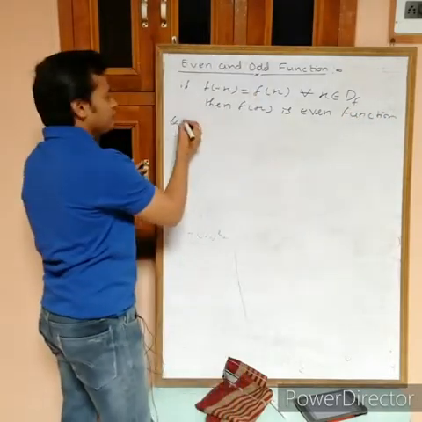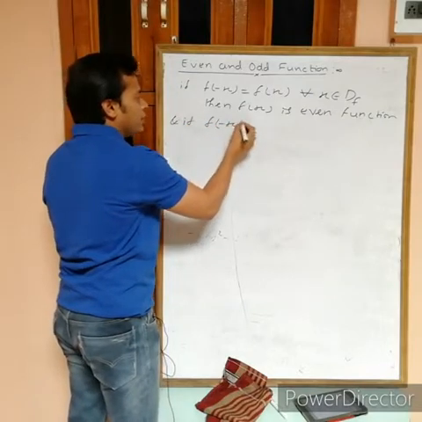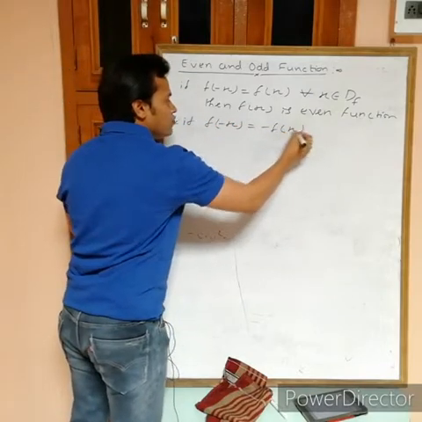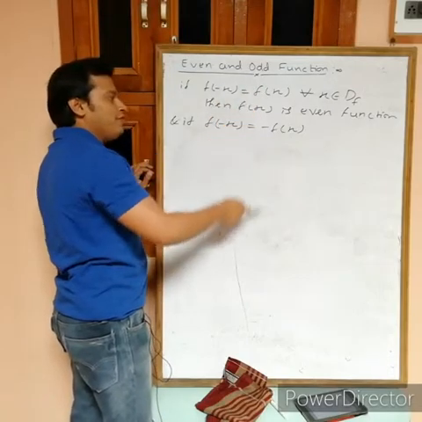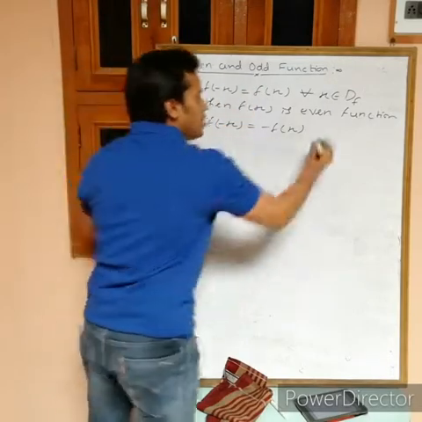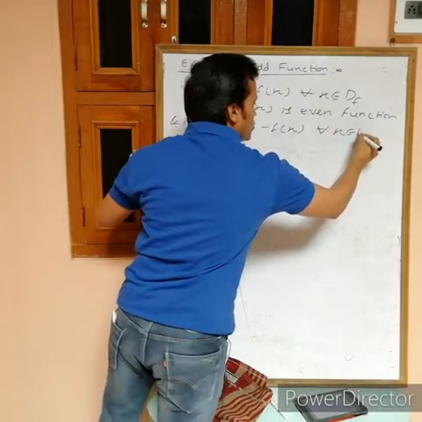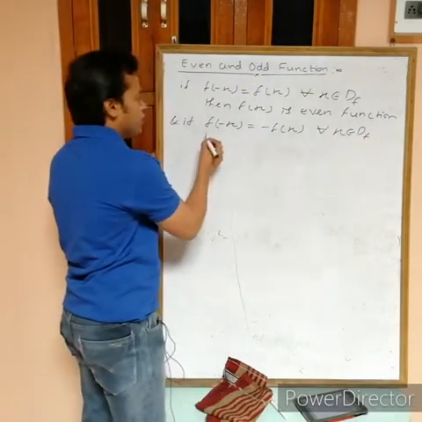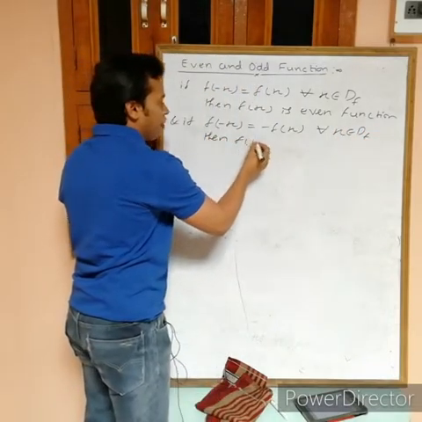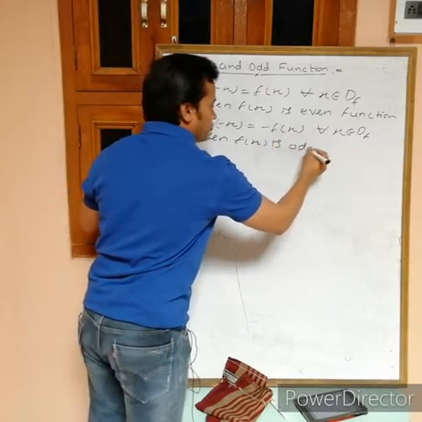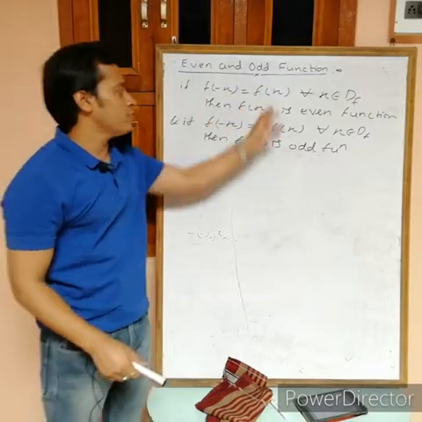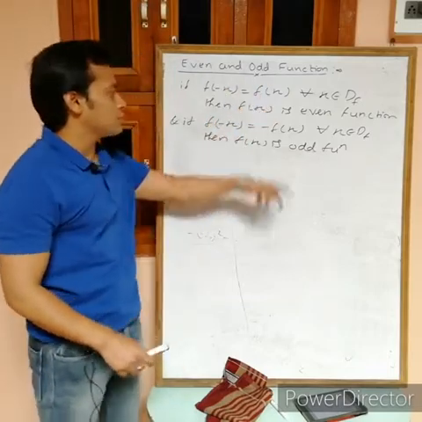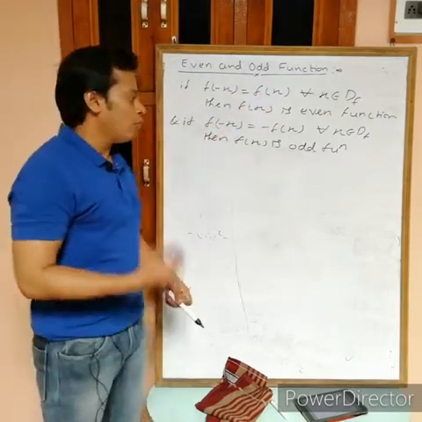And if f of minus x is equal to minus of f of x for all x belonging to the domain of f, then f of x is an odd function. Okay, so it is clear. If f of minus x equals f of x, then even function. If f of minus x equals minus of f of x, then odd function.